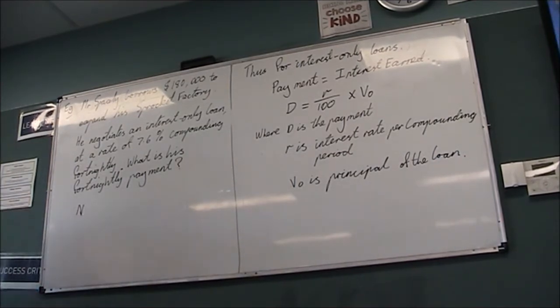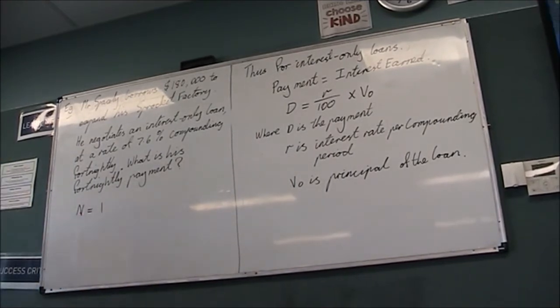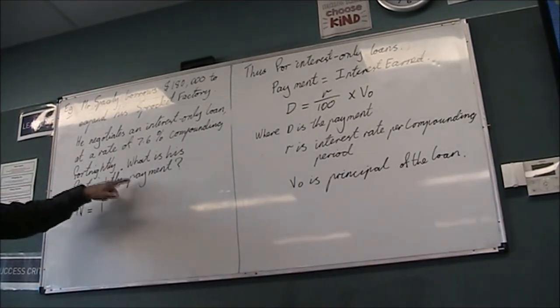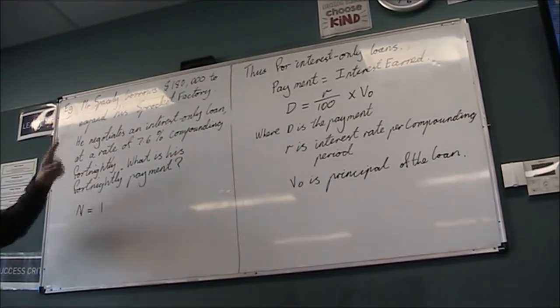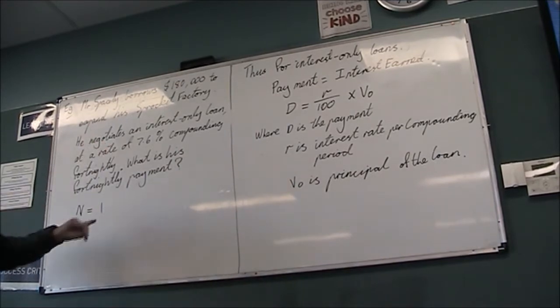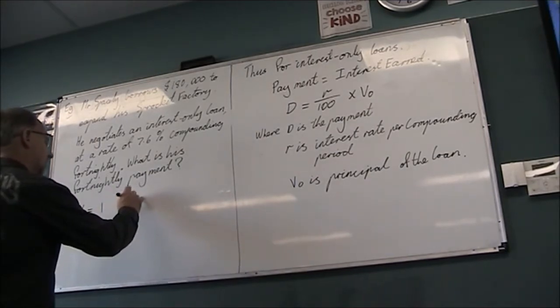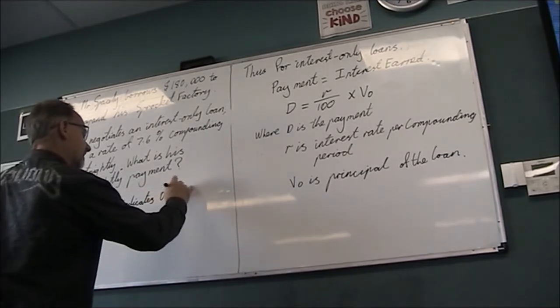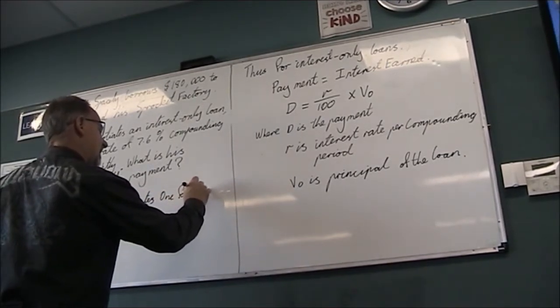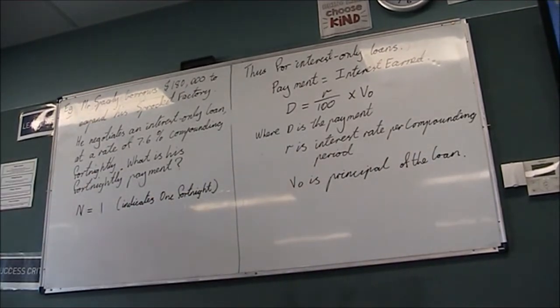But what you can say is, let's look at n equals 1, because it's asking for a fortnightly payment and it's compounding fortnightly. So it's 1 fortnight that we're looking at, and that's what we're after, how much you would pay each and every fortnight.